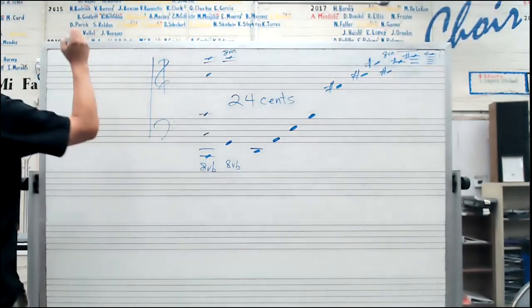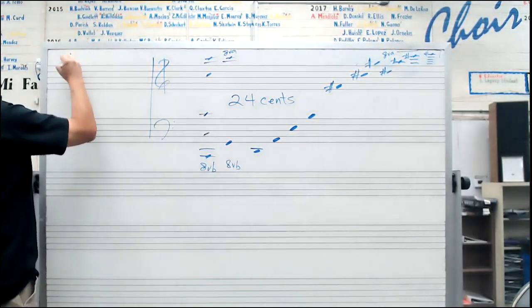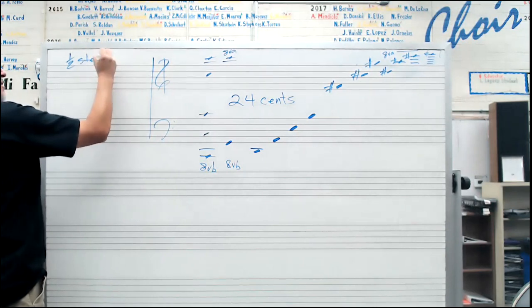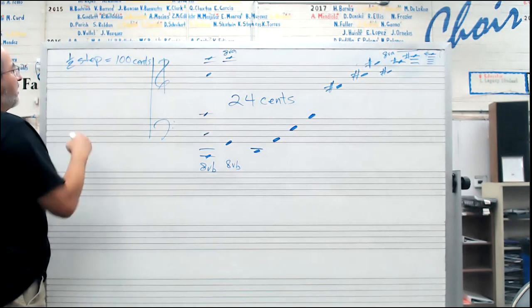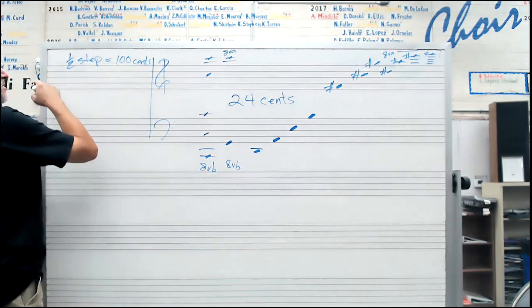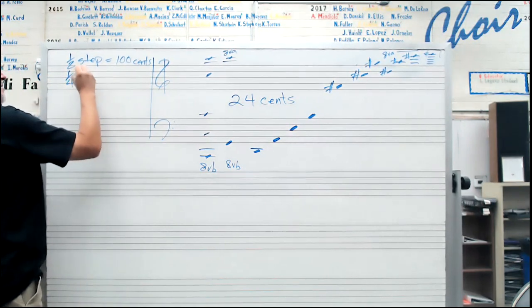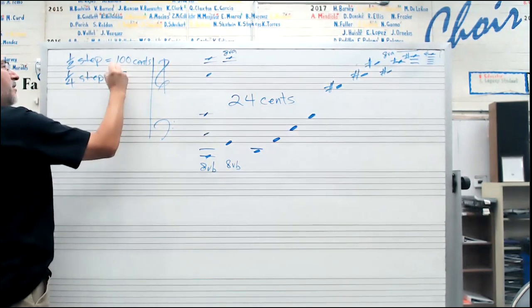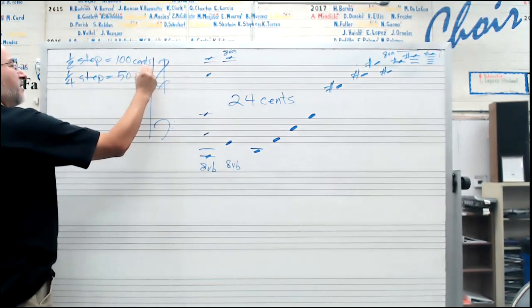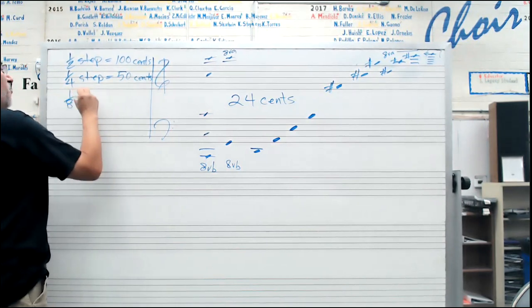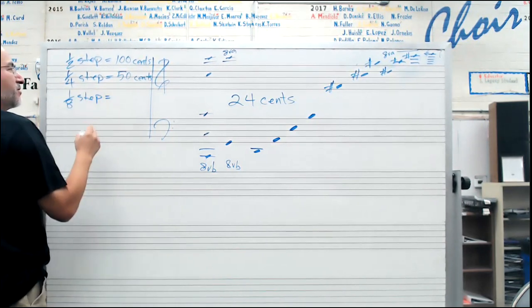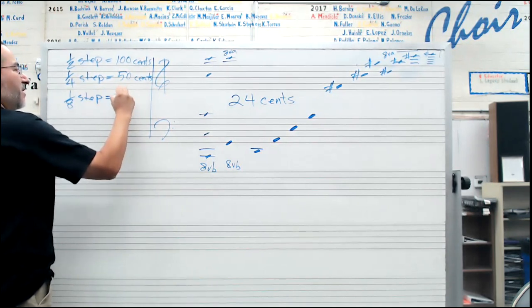If a half step or a minor second equals 100 cents, how much is a quarter step? 50 cents. And how much is an eighth of a step? 25 cents, right?